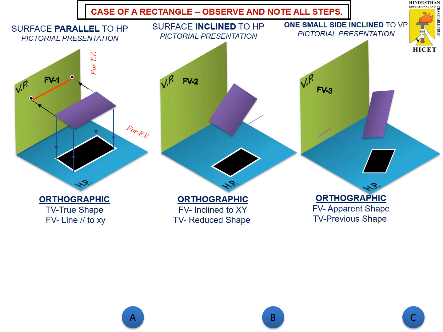After that, you come to the second case, where the surface is inclined to HP, the plate is inclined to HP. In this case, when you see from the front view, you can see the plate inclined to HP, at whatever angle, maybe 40, 45, whatever the angle, the plate will be in an inclined position.